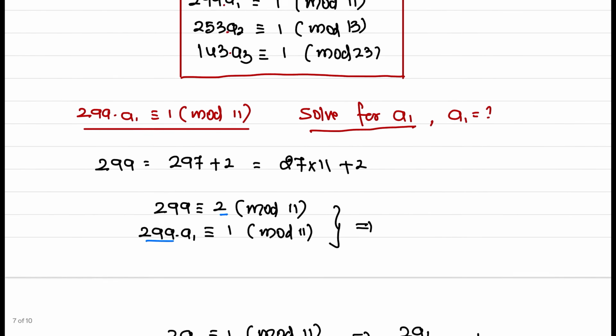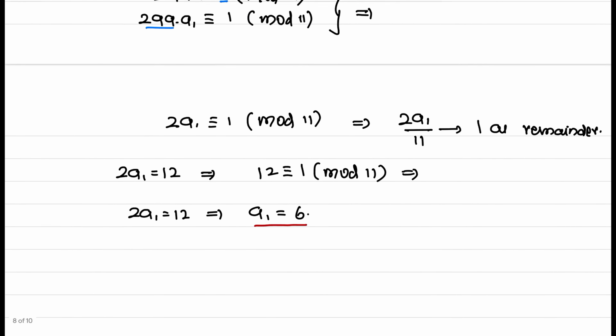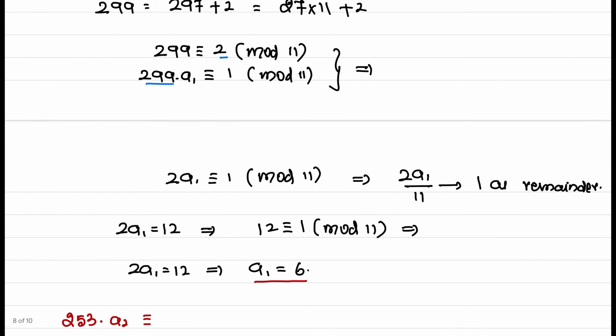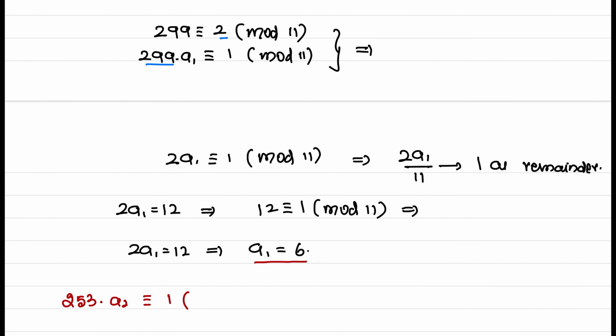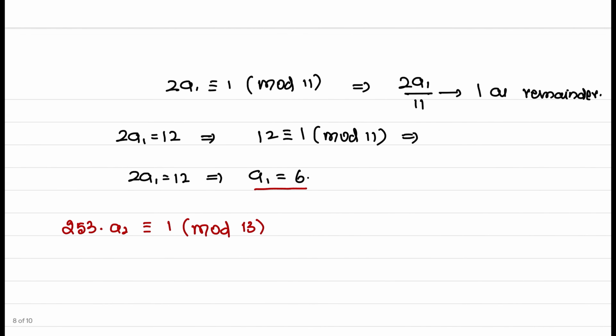Next, we will take up 253A2. 253 into A2 equivalent to 1 mod 13.